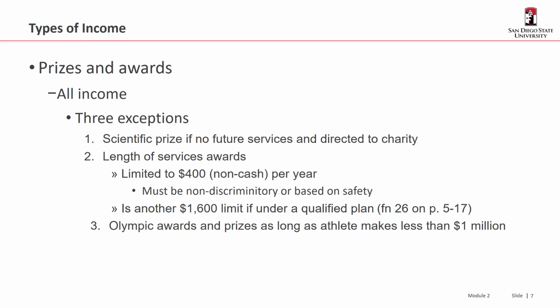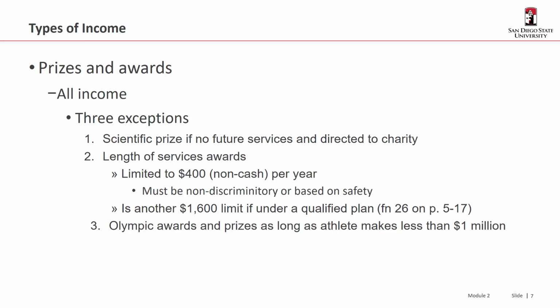When you give out length of service or safety awards to your employees, as long as they are in a non-cash form and limited to $400, and they must be non-discriminatory. That means you can't only give these awards to your highest paid employees. They have to go to all your employees, or they're based on safety. For example, if Division 1 had a safety record for a year, they can get a safety award. If Division 2 didn't, they don't get it. That is discriminatory, but it doesn't ruin this particular award as being exempt.